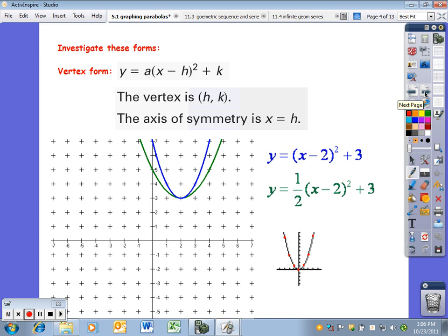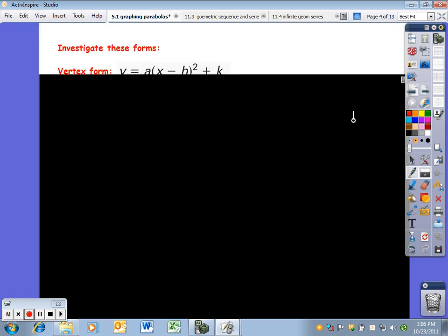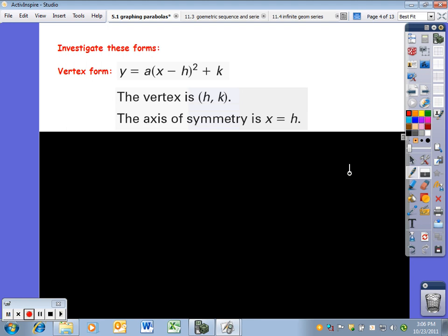Let's investigate another form. It is the form that is called vertex form. The reason it's called vertex form is because it is in the form y equals a times the quantity x minus h squared plus k. Notice it is in the x minus h squared plus k.